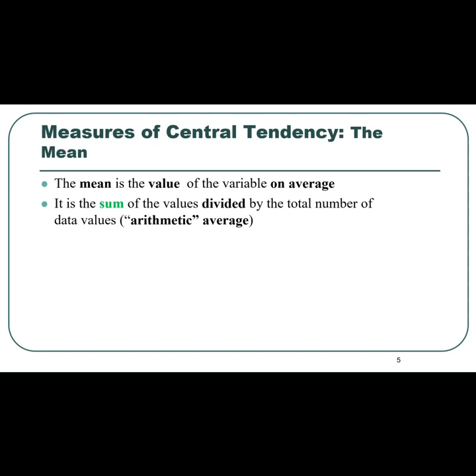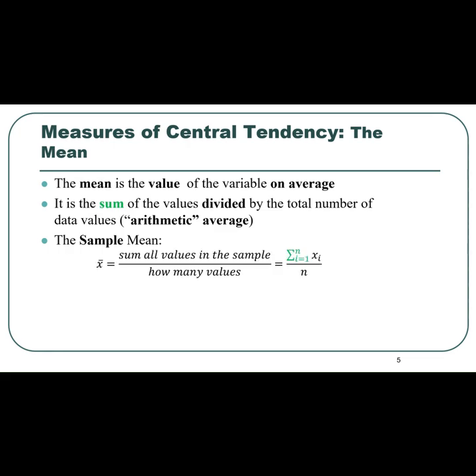And we can calculate that mean from the sample or from the population. From the sample, it is calculated as sum of all the values in your sample over how many values did you add up there in your numerator. Now the symbol for the sample mean is x bar. So x bar is the sample mean.